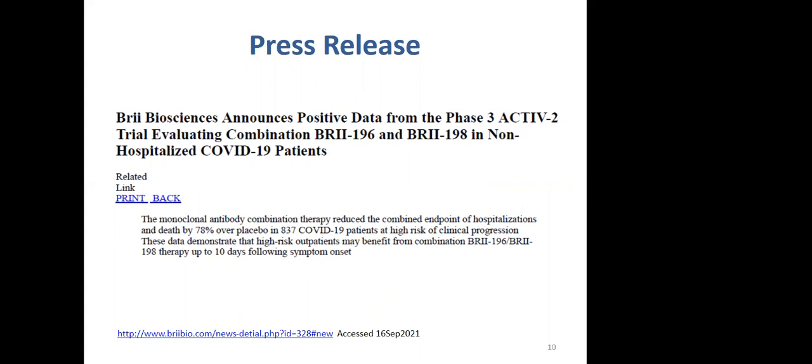And in phase 3 it showed a very substantial effect on hospitalization and death. So a 78% reduction in hospitalization and death in this outpatient study population. So a very successful outcome for that particular agent. This is a combination monoclonal antibody agent.